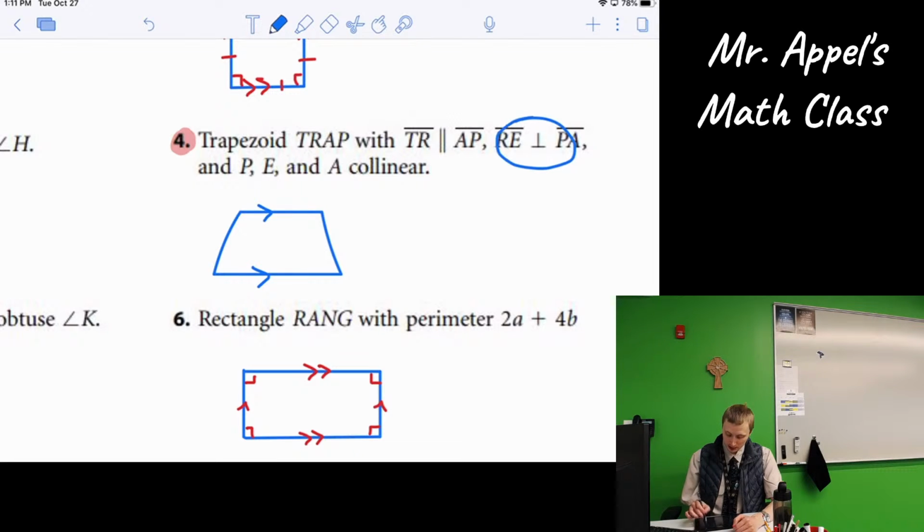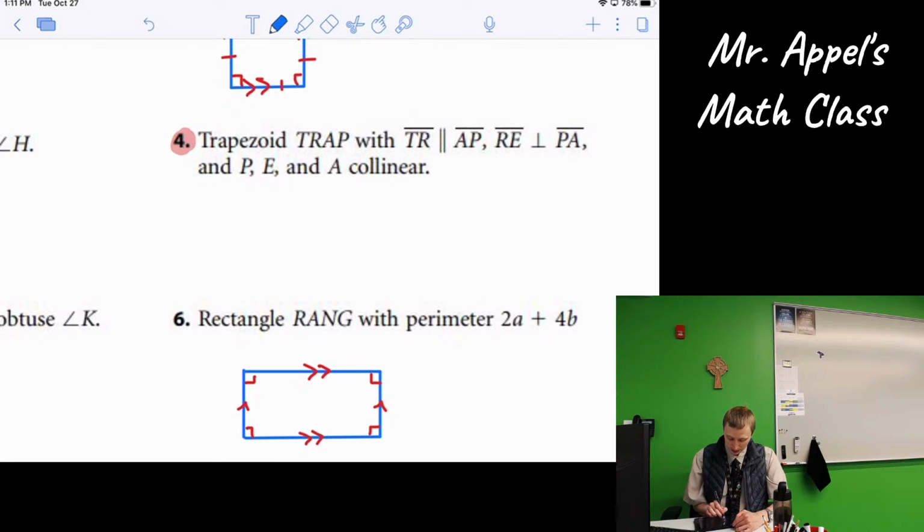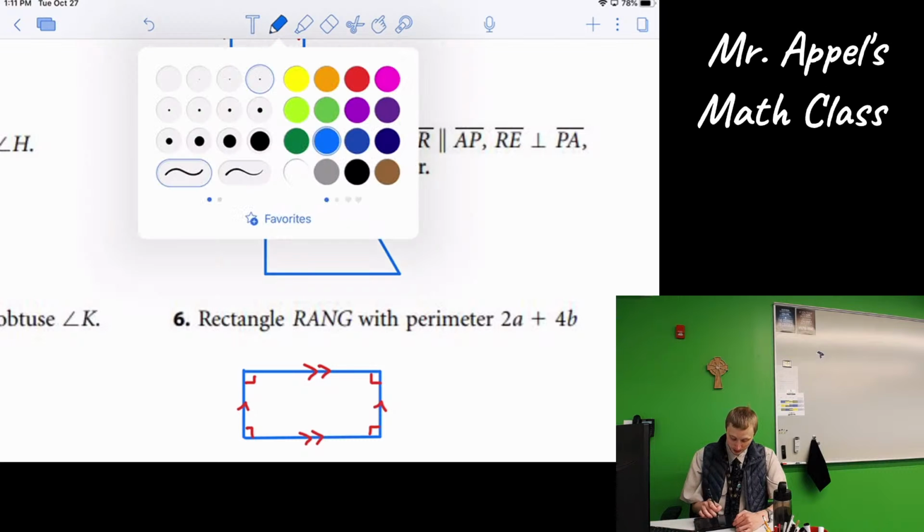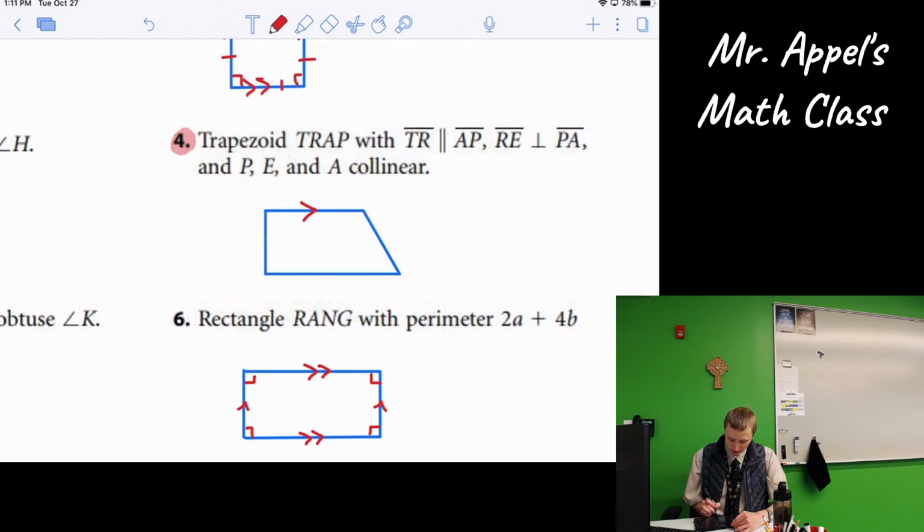But we want something perpendicular in here. So I'm going to adjust my trapezoid to accommodate. I'm going to make it like this, almost, but not quite rectangular. That way we get one pair of parallel sides as well as at least one right angle.